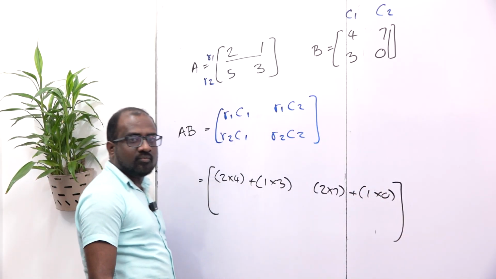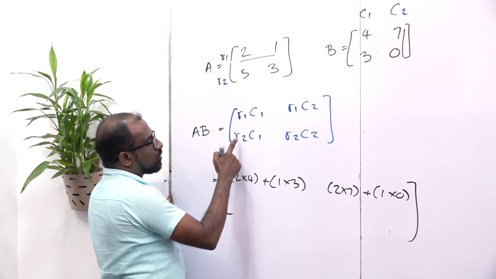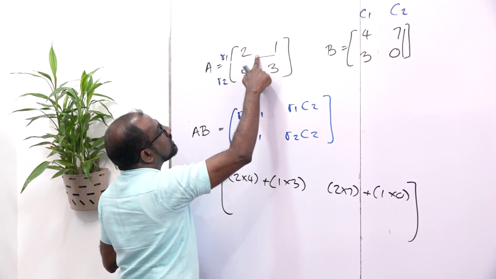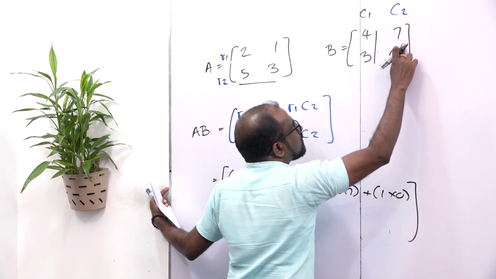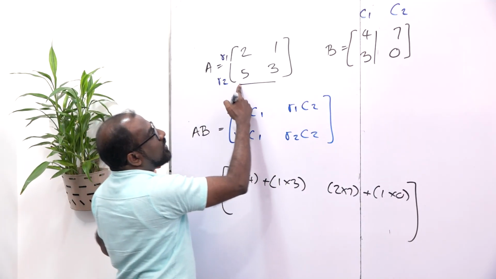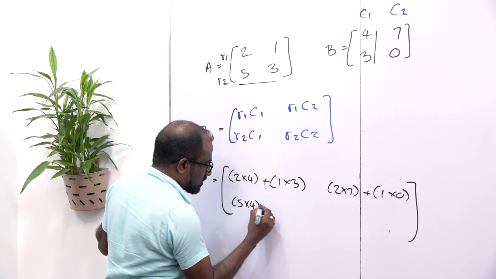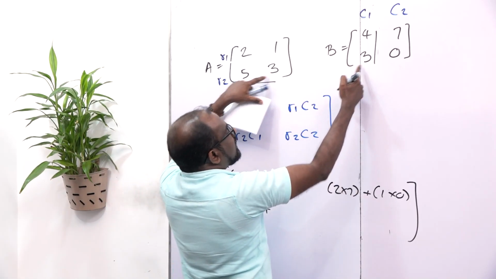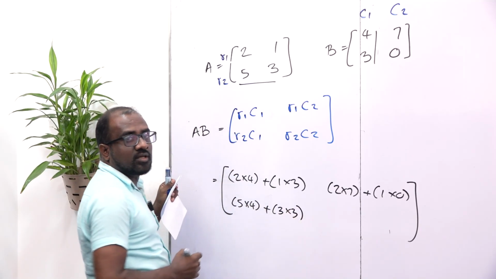Right, okay, so now look at this key and multiply the second one. Row 2, column 1: the second row should be multiplied by the first column. Second row into first column: 5 times 4 plus 3 times 3.